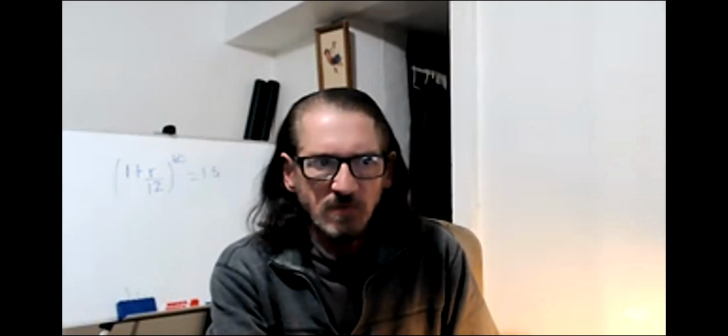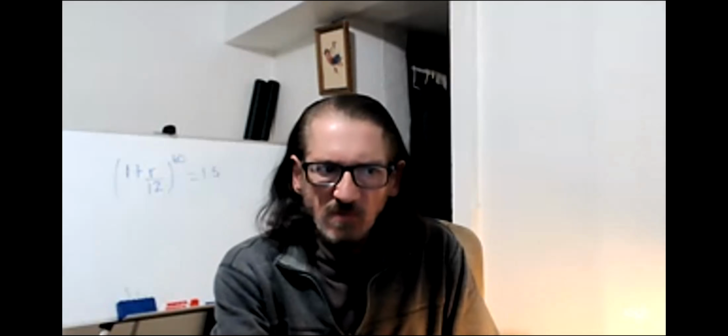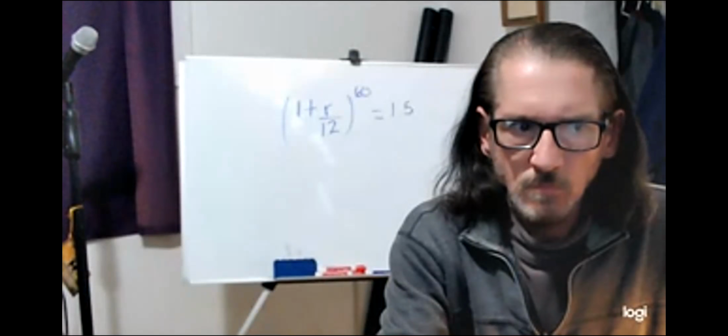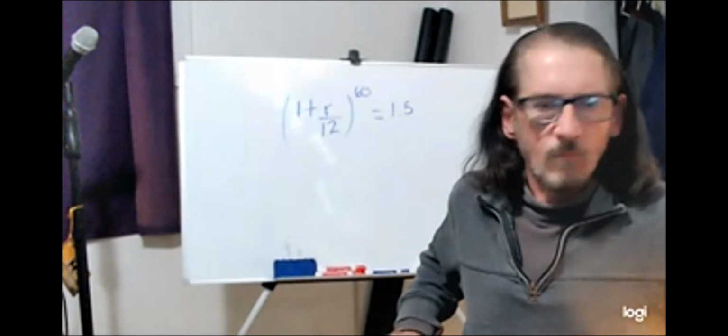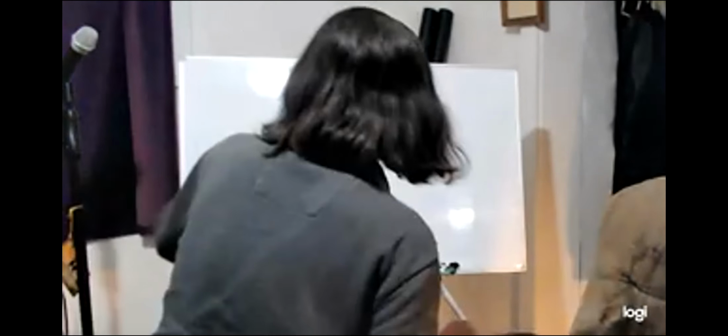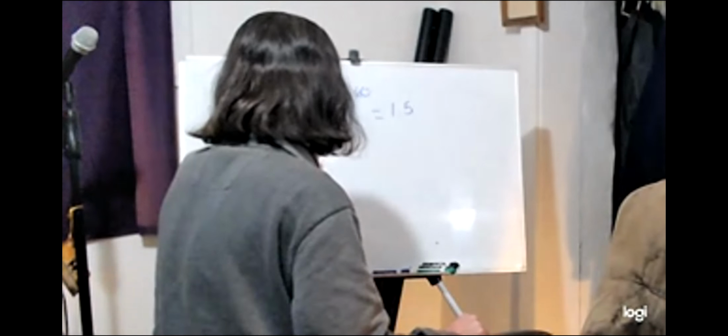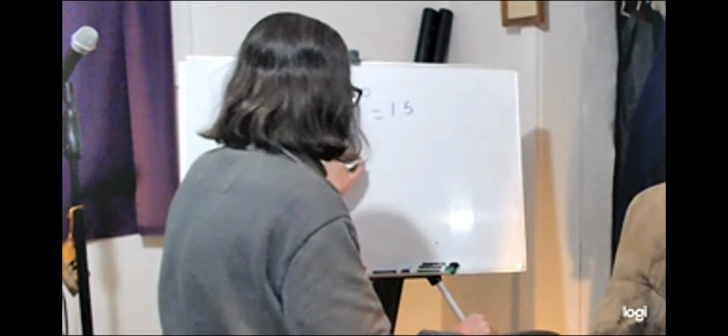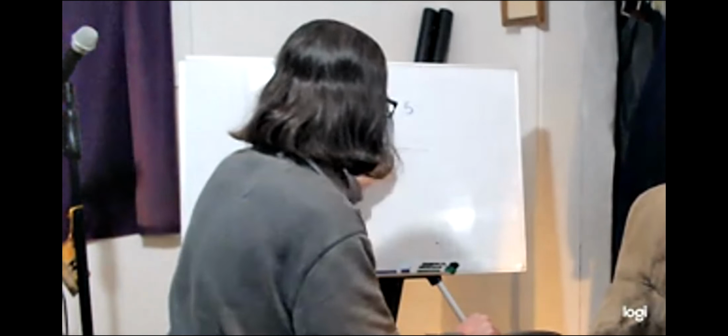I'm going to take the 60th roots of both sides, and that is the same as raising to the 1 over 60 power. All right, so 1 plus R over 12 equaling the 60th root of 1.5.